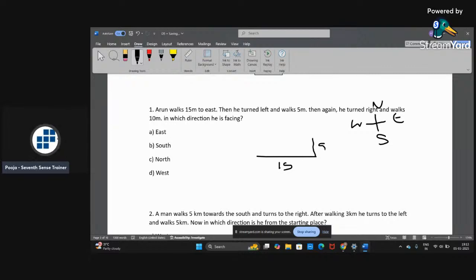He walks 5 meter. Then again it turned right and moved 10 meters. In which direction is he facing? This direction is east, right? The answer is east.